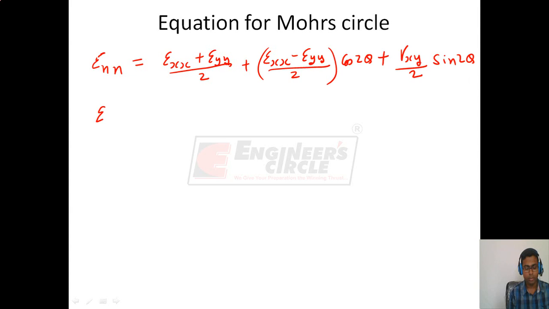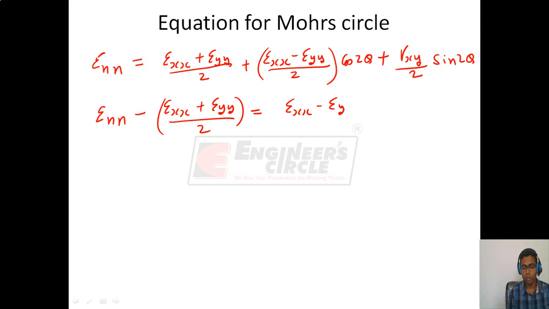Therefore, I can write epsilon nn minus (epsilon xx plus epsilon yy)/2 equal to (epsilon xx minus epsilon yy)/2 cos 2 theta plus gamma xy/2 sin 2 theta.